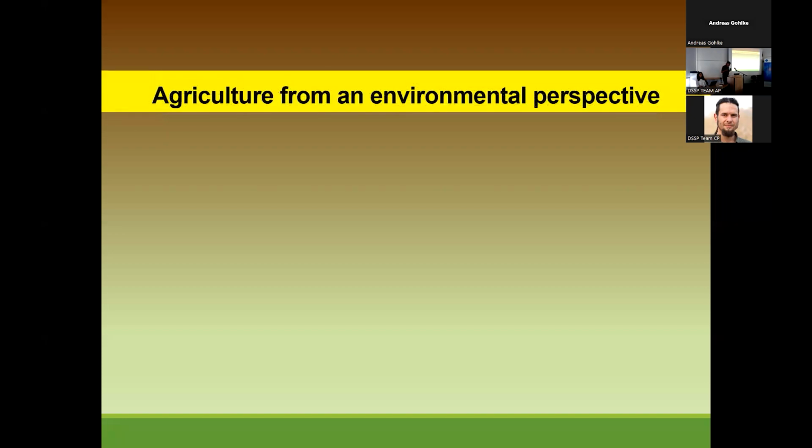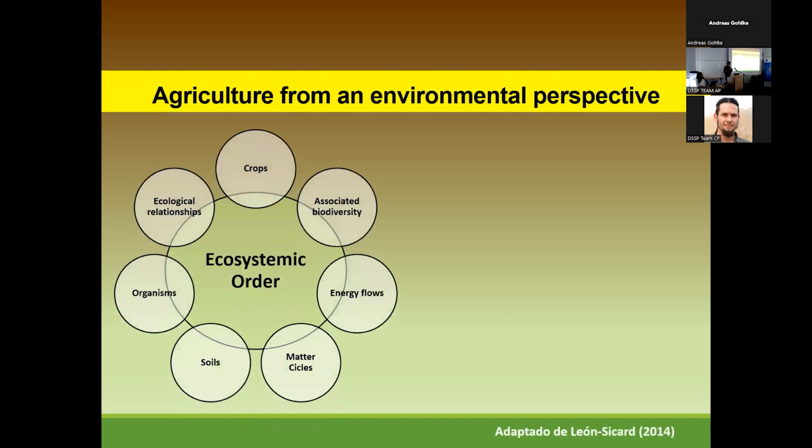And from an environmental perspective, it's not only the ecosystemic order that conventional agronomists are always talking about, but they're talking only about crops. But it's not only crops, but the biodiversity, ecological relationships, organisms, and so on.